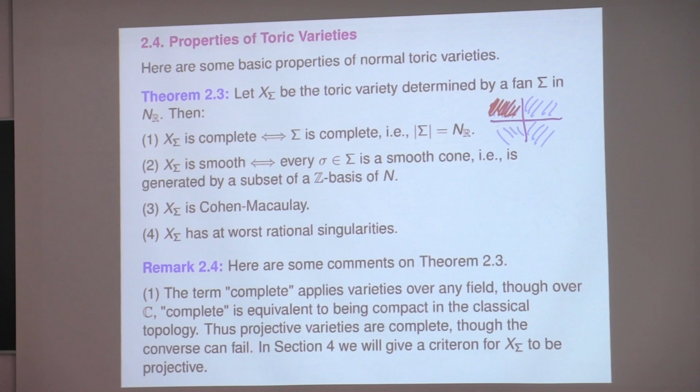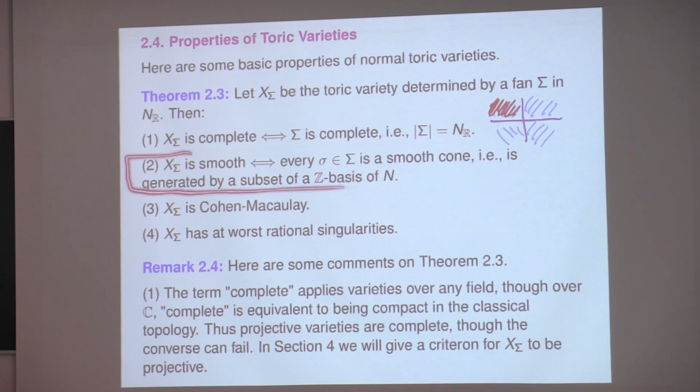And that orbit is zero-dimensional because the cone is two-dimensional and the dimensions add to 2. So it's just missing one point. If I consider the whole fan, in this example it is P1 cross P1, and removing this red one is just removing one point. So yeah, I guess you see, oh yeah, it's not compact. But with this one here, it is P1 cross P1, it's compact. And this is not a coincidence, it's always true: you get a variety that is compact with the complex topology if and only if your fan covers the whole thing.